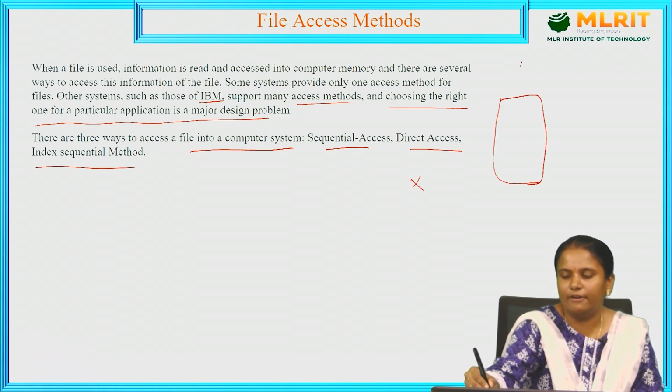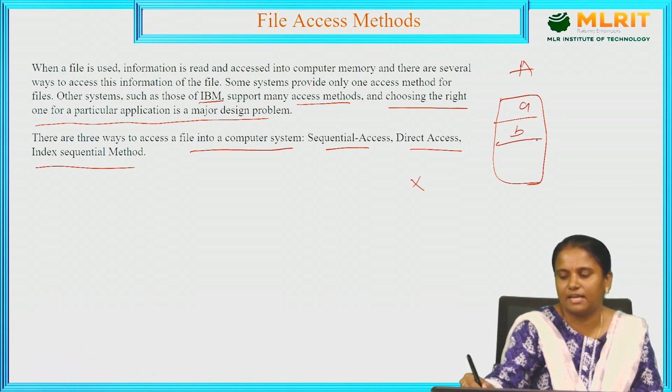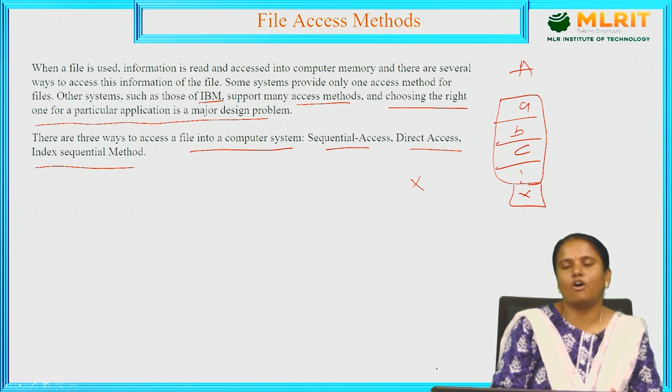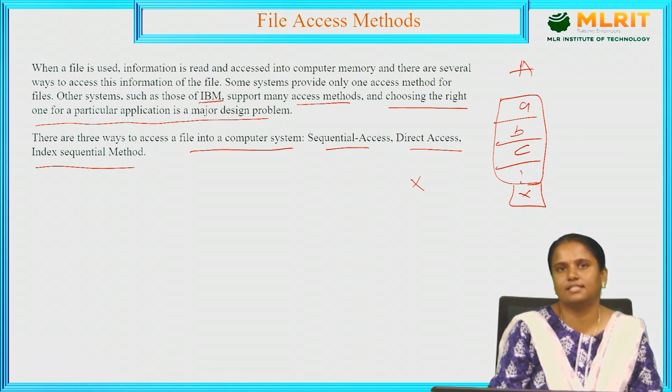Folder A consists of many files A, B, C, D and so on, up to the X file. Now I want to find the X file. How are we going to access it using sequential, direct and indexed sequential methods?